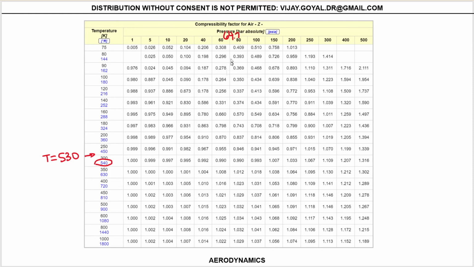So it's somewhere here, close to this number. Your compressibility factor for this particular problem is about 0.991. You can do linear interpolation if you want to be exact, but the value between 60 and 80 is still the same number.